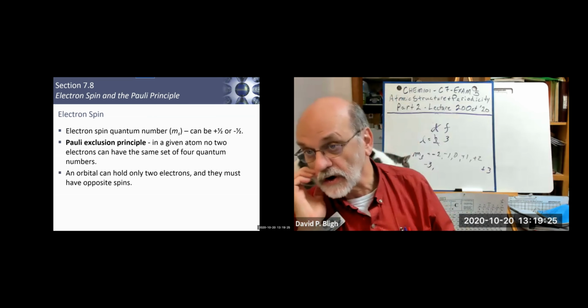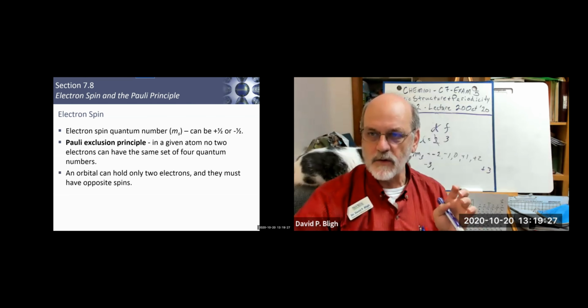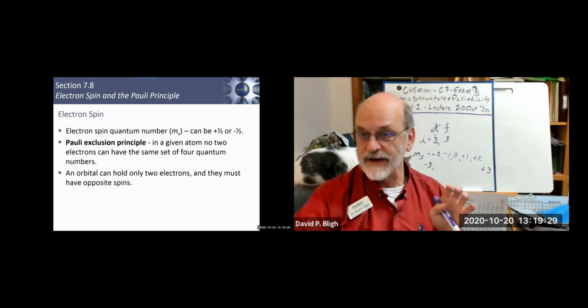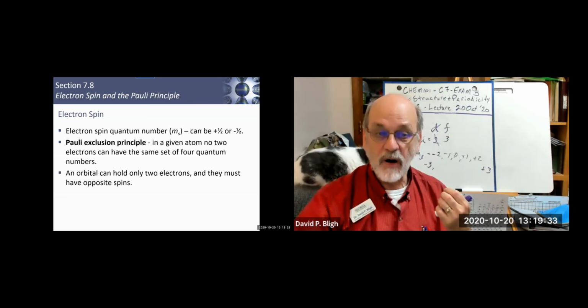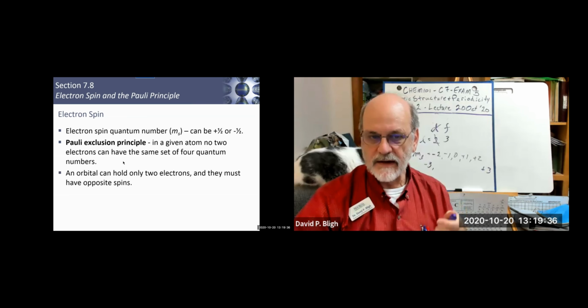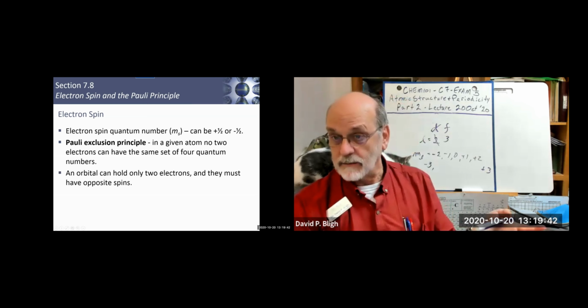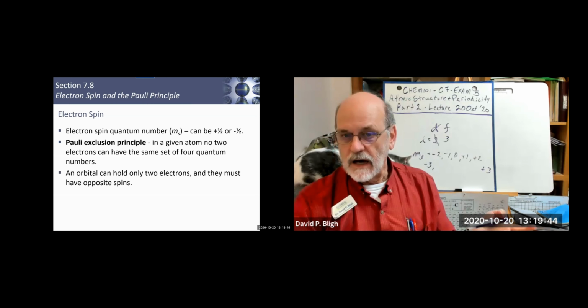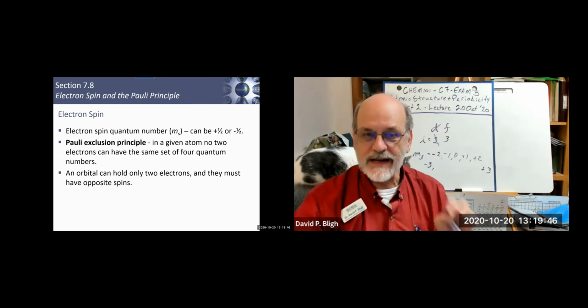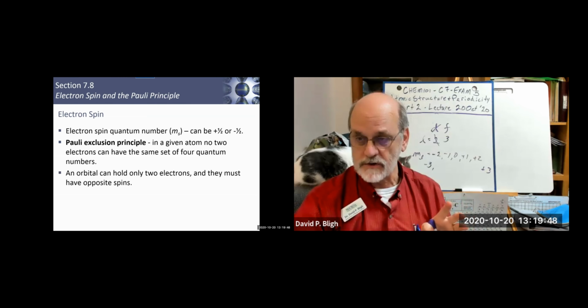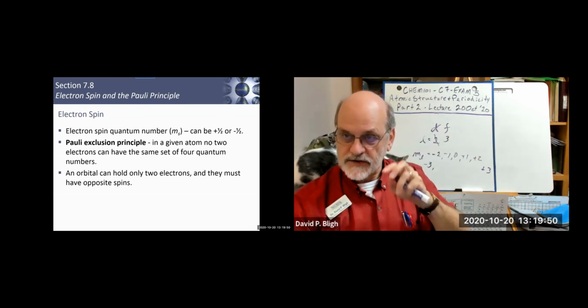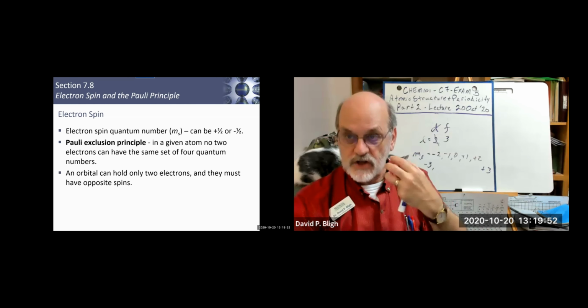I mentioned Pauli earlier with some of the scientists that were central to development of the quantum mechanical theory. And Pauli was one of them. And his exclusion principle just says, in any given atom, no 2 electrons can have the same set of 4 quantum numbers. In other words, the set of quantum numbers is unique to every electron.